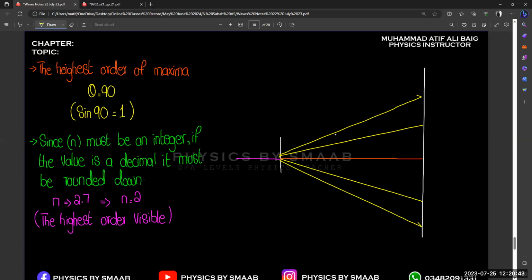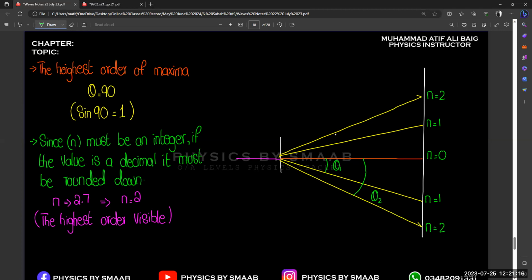So now we are having different angles, and on these different angles, let's suppose we start from the center, this is our theta number 1, because this is the maximum order, this is the first order, and this is the second order. And same goes on the upper side, first, second. And for theta number 2, we will take this. This will be theta 2.